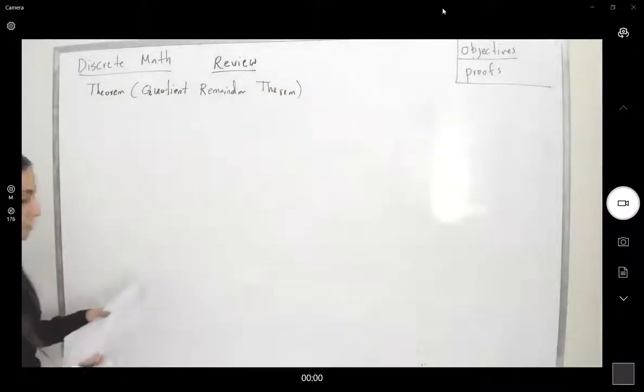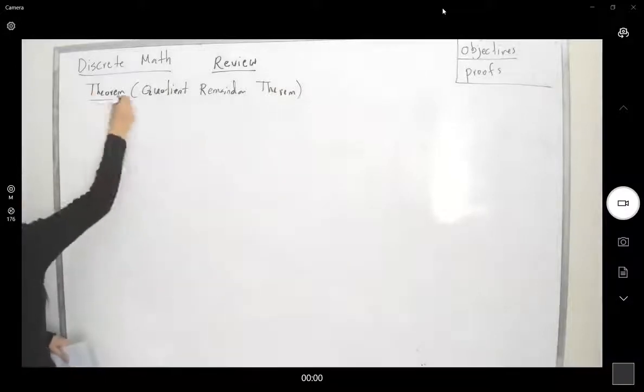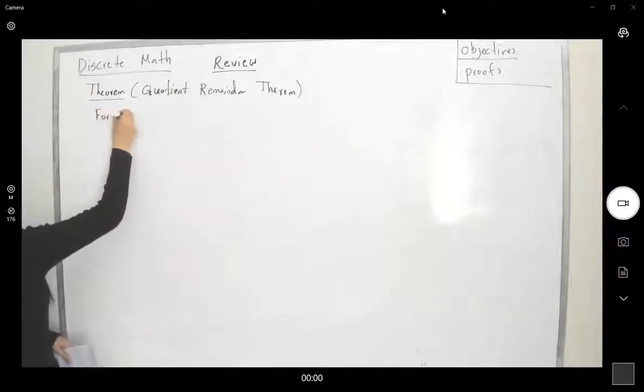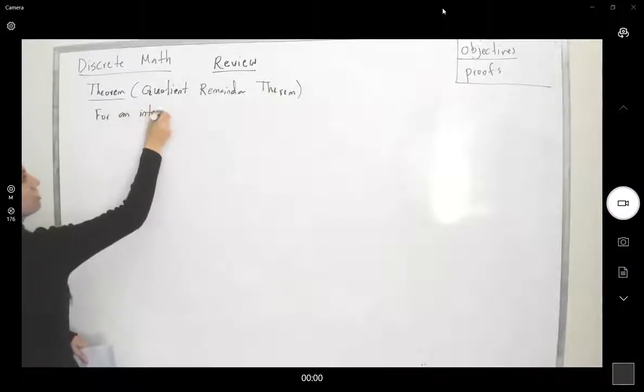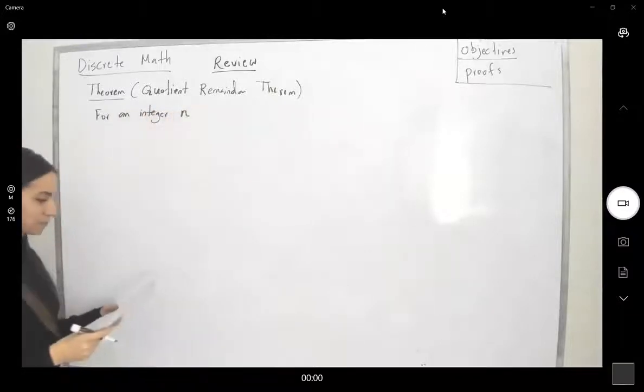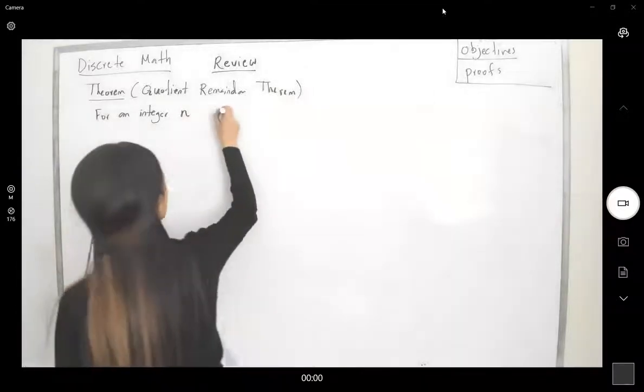This theorem says, suppose you have an integer n and a positive integer d.